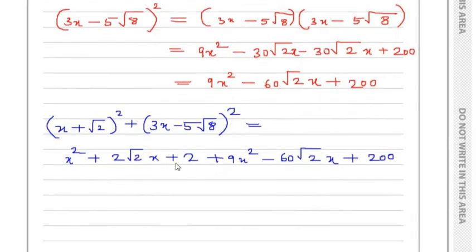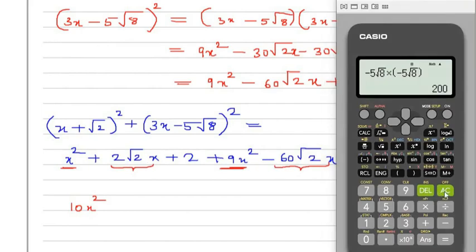Now we have to just simply gather the like terms. We can see x square plus 9x square, that gives us 10x square. And now we are going to gather the like terms, that is x term and x term. This is plus 2 root 2 and this is minus 60 root 2.